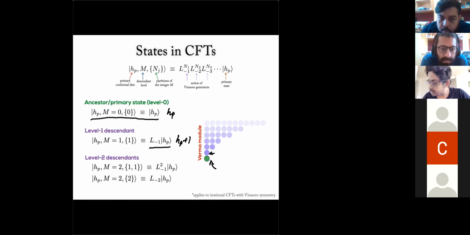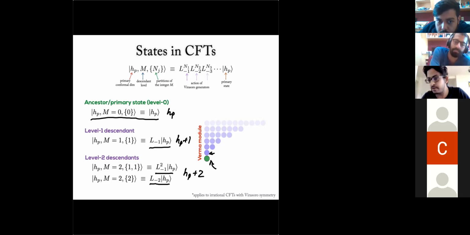Similarly at level 2, you can increase the energy to h_P plus 2 in 2 ways. You can act with two L_{-1} generators on the primary state and get this. What you can also do is act by L_{-2} on h_P, and thereby raise the energy by 2 units. So at level 2, you can do it in 2 ways.